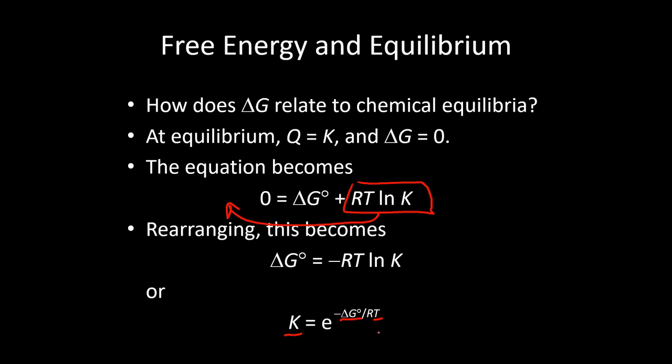Again, usually it's just going to be 25 C, which would be 298 K. Plug those into the equation here, and you can actually work out what the equilibrium constant is going to be. It's pretty nifty, actually.